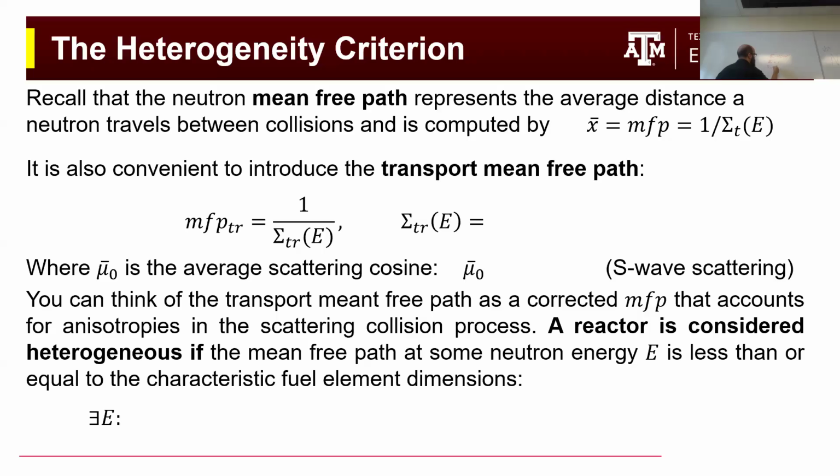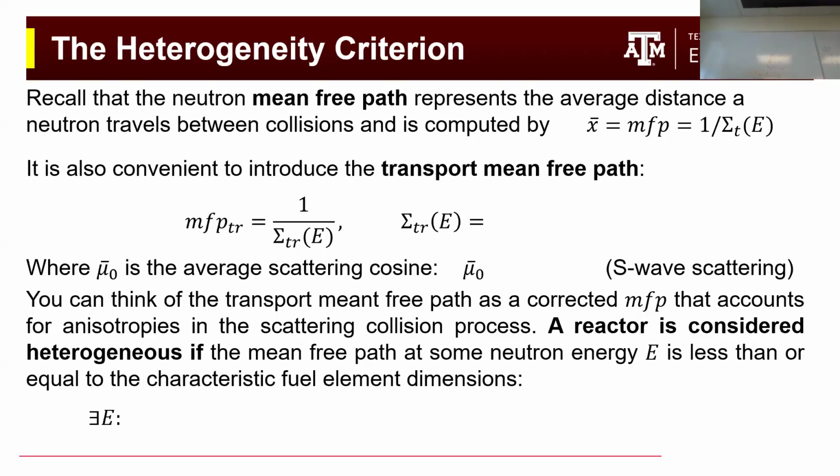Let's say sigma s is also about 1 centimeters to the minus 1. So if we were to calculate sigma transport, it's sigma total minus mu 0 bar times sigma s. So what is my transport cross section going to be equal to? Yeah, perfect. 9 inverse centimeters.